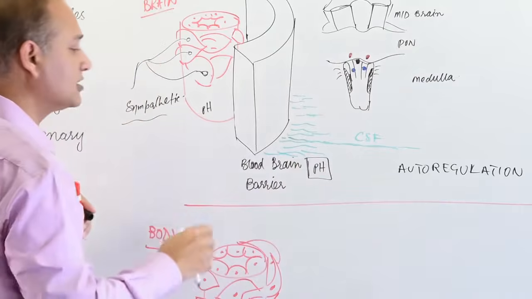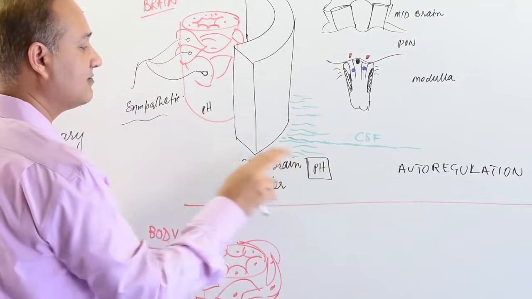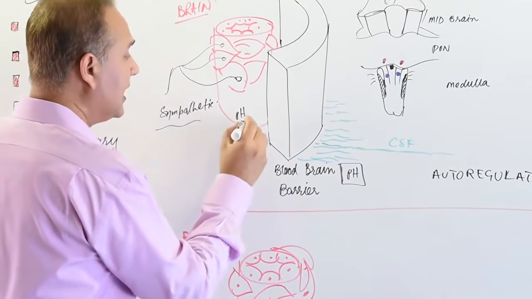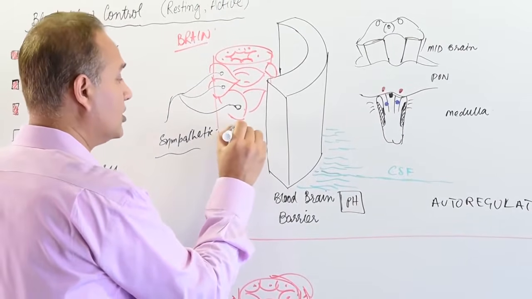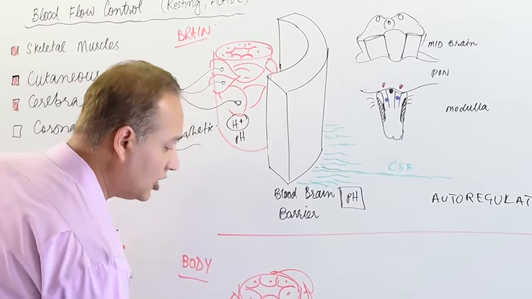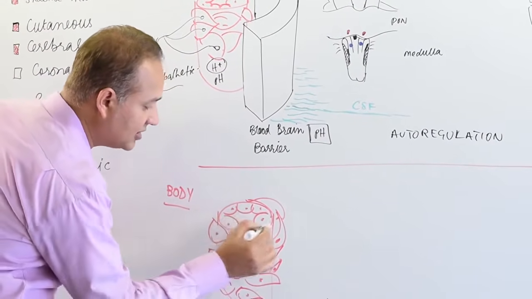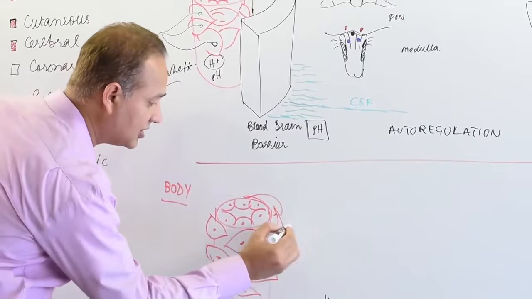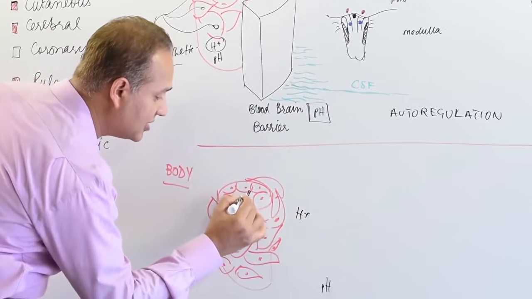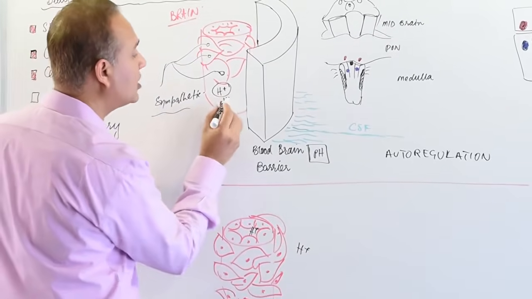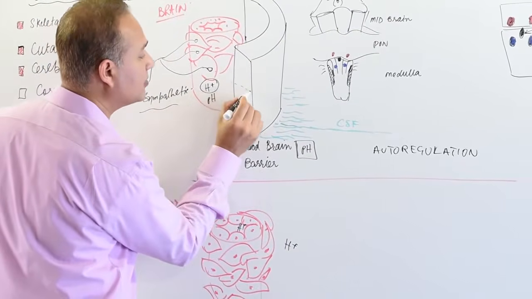So the first question to answer, why is the pH of the CSF separate from the pH of the plasma? Here is why. Hydrogen ions are the ones that cause pH changes. So this is the body, this is the blood vessel here, and this is the plasma and the blood vessel and tissues here. Hydrogen ions here in the blood plasma cannot cross the blood-brain barrier.